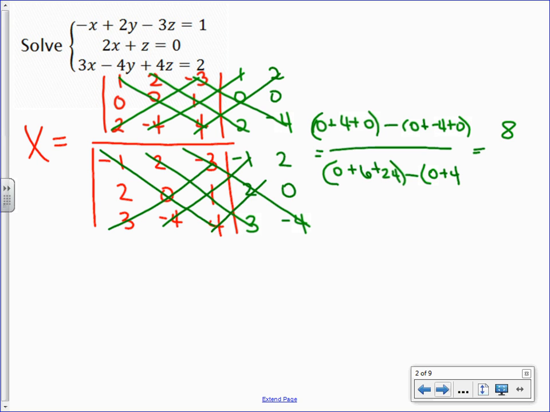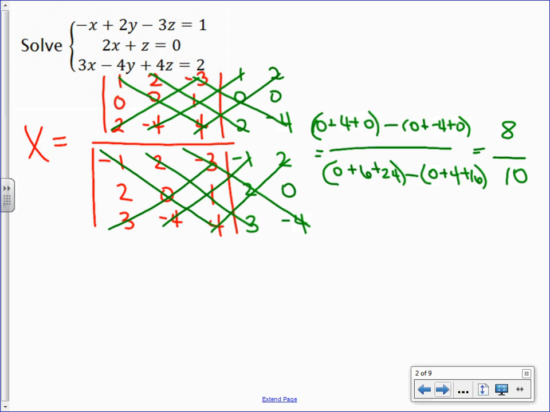And here. So what is our denominator? 10? Okay. And so then we can reduce that to 4/5, right? We'll reduce that later. All right, so we found x.